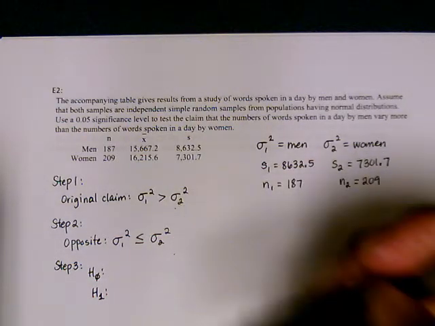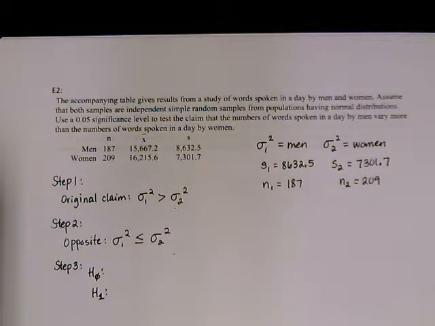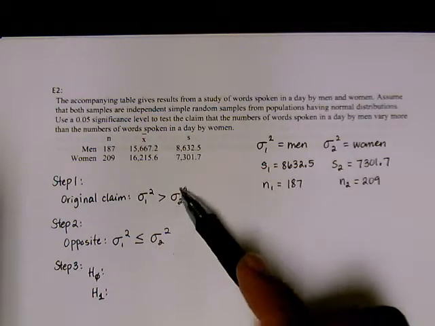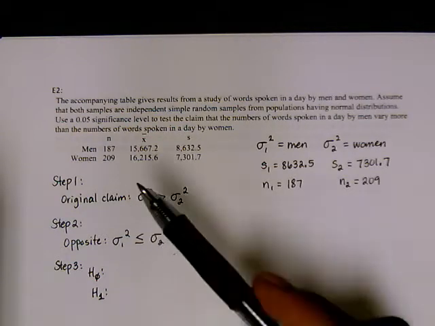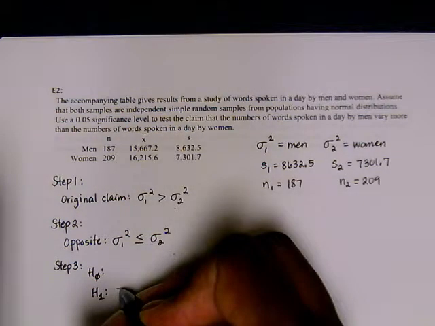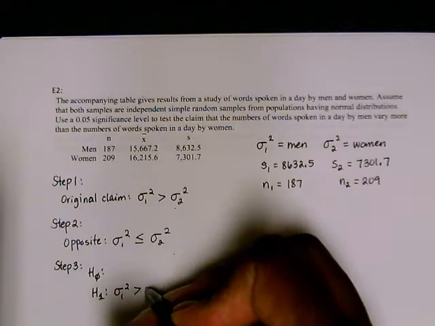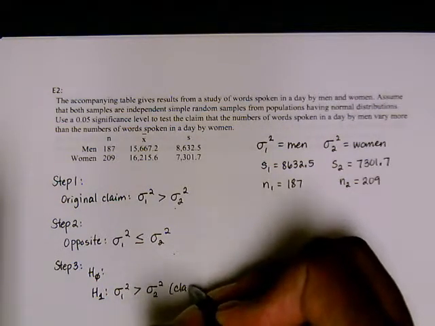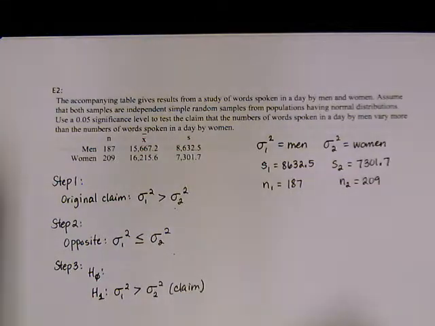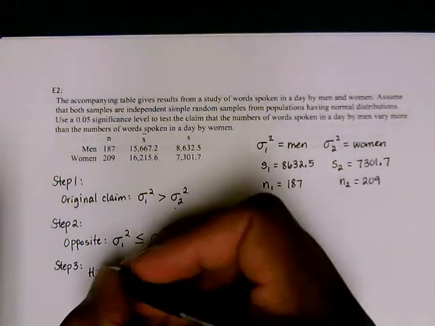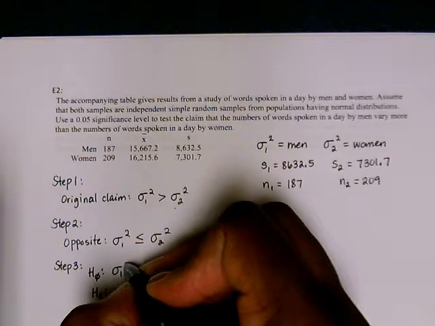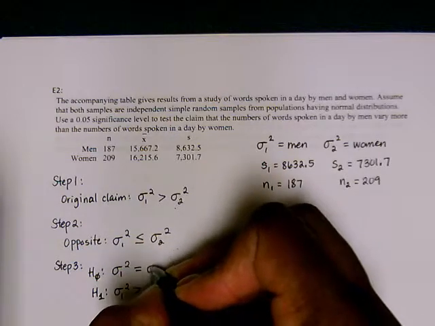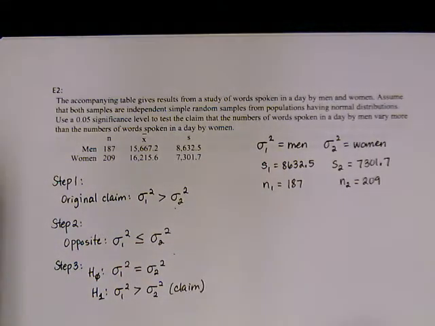One of these will represent the alternative hypothesis because the alternative has either greater than or less than or not equal to. In this case, it's the original claim, where sigma 1 squared is greater than sigma 2 squared. And I'll write the word claim. Your null hypothesis always has the equal sign in it. Sigma 1 squared equals sigma 2 squared.